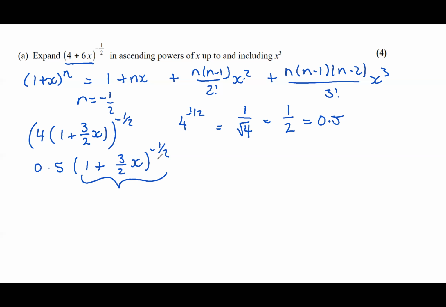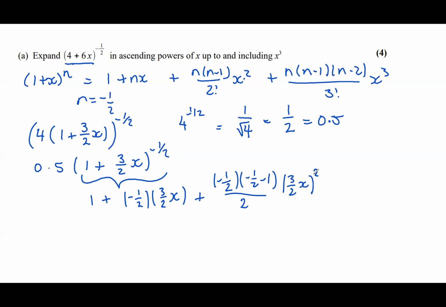So using our formula, we would have 1 plus, now n is minus a half, and x in this case we're going to rewrite as 3/2 x, plus (-1/2)(-1/2 - 1) over 2 factorial, which is just 2 times 1, so that's 2, and then (3/2 x)².